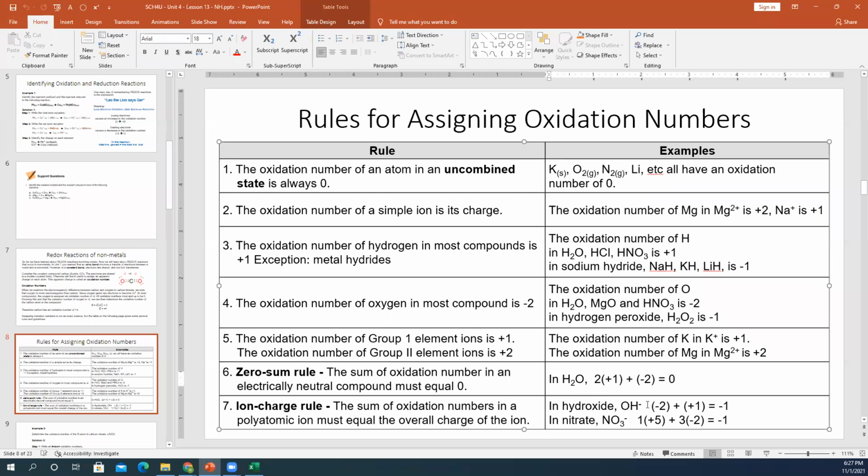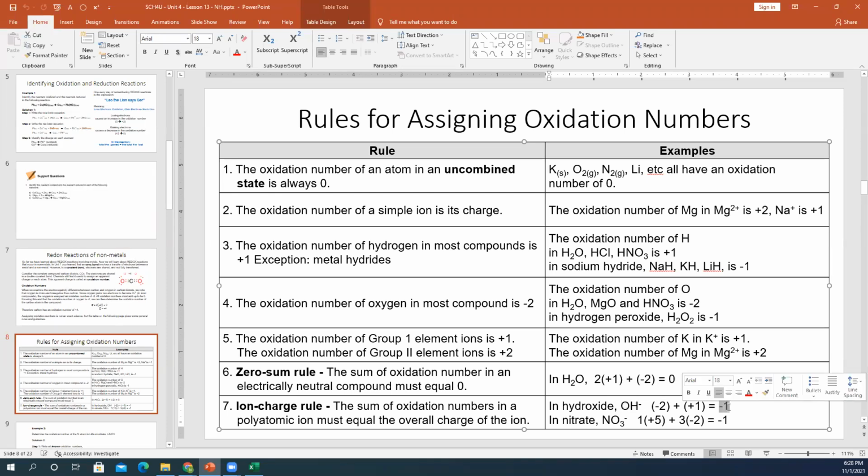So for example, if you have a polyatomic ion, such as this nitrate or such as this hydroxide molecule. If you notice, this hydroxide molecule has an overall charge of -1. So when you add the oxidation numbers for oxygen and hydrogen, they have to add up not to 0, but to the charge of that ion.